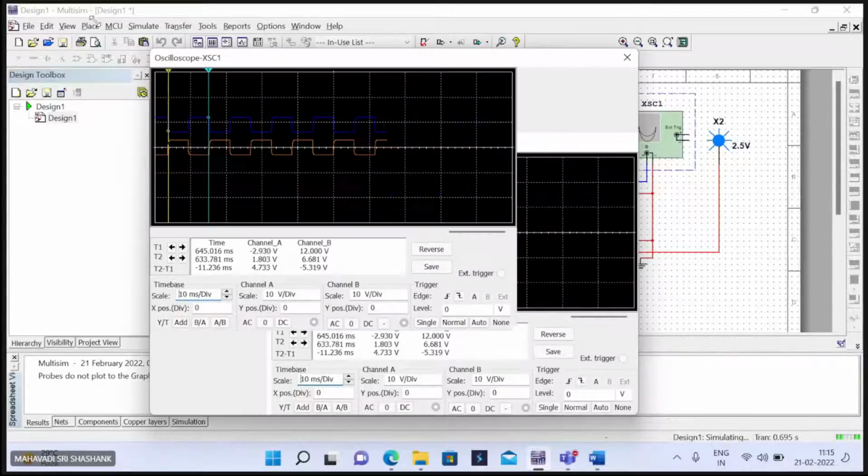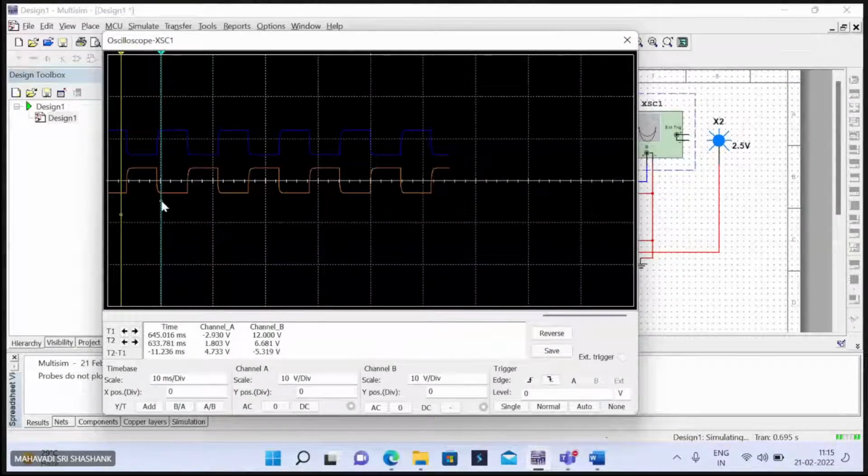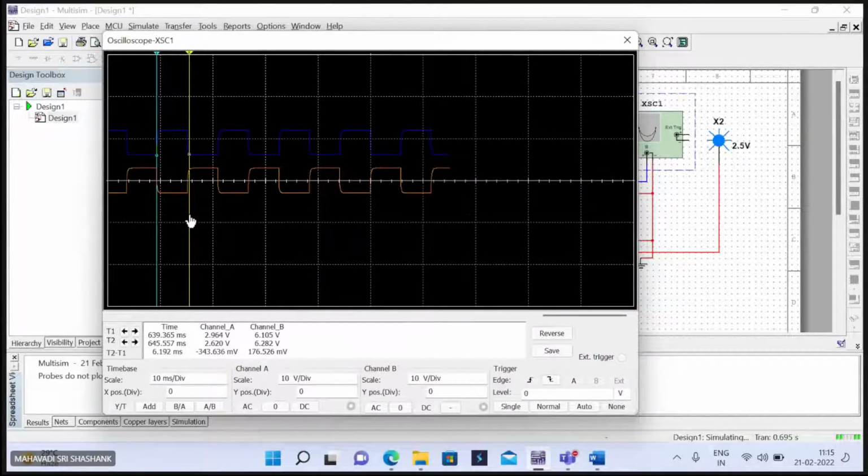I'll just check it again. Ma'am, yes, they are the same.